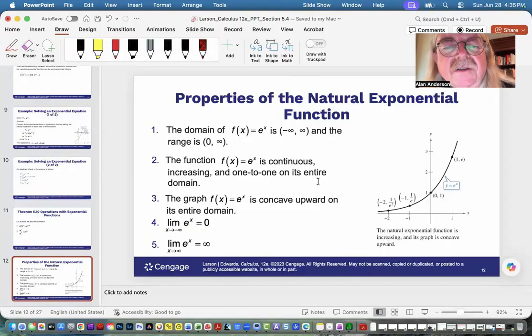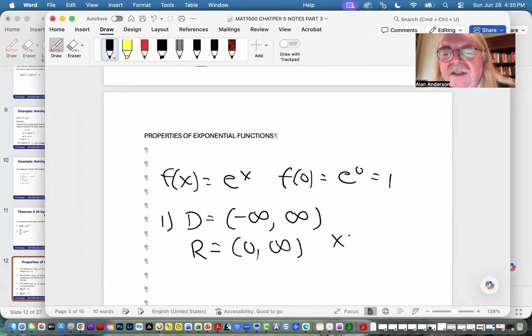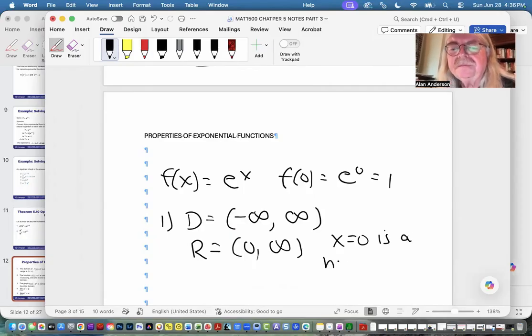What else are they trying to tell us? The range is zero to infinity. And again, we've already seen this. That's because y equals zero is a horizontal asymptote. I'm sorry, not x equals zero, y equals zero.